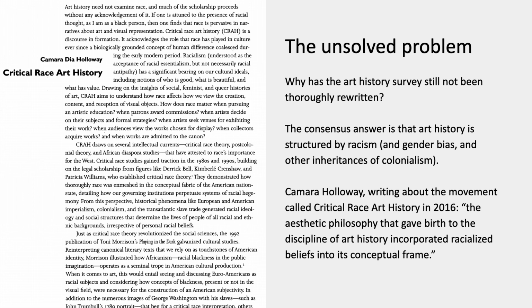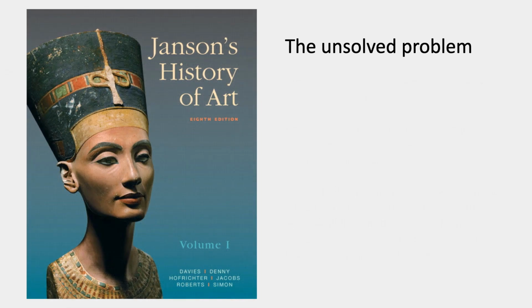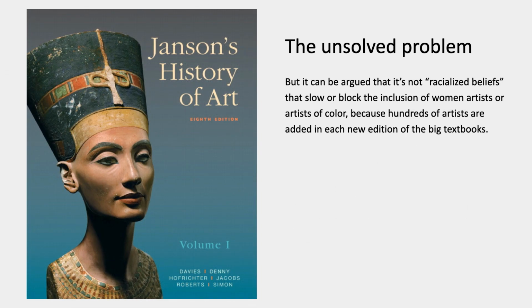And that's true, but it can also be argued that it's not racialized beliefs that are slowing or blocking the inclusion of women artists or artists of color in art history surveys, because hundreds of artists are added in each new edition of the big textbooks, and the new editors, like the ones of the Janson, have this very much on their mind.